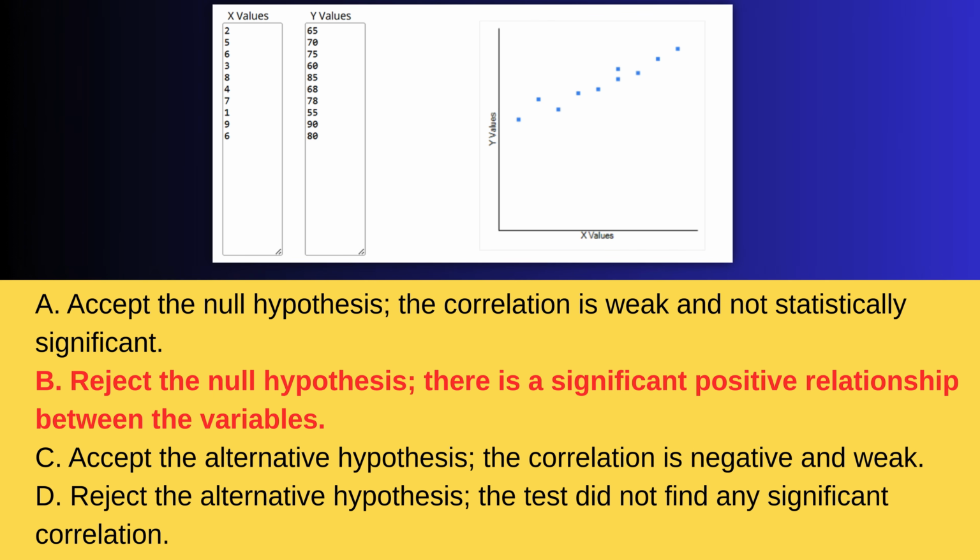This means learners who dedicate more study hours tend to achieve higher academic performance. Options A and D are incorrect because they misinterpret the significance test. Option C is incorrect because the relationship is not negative nor weak.